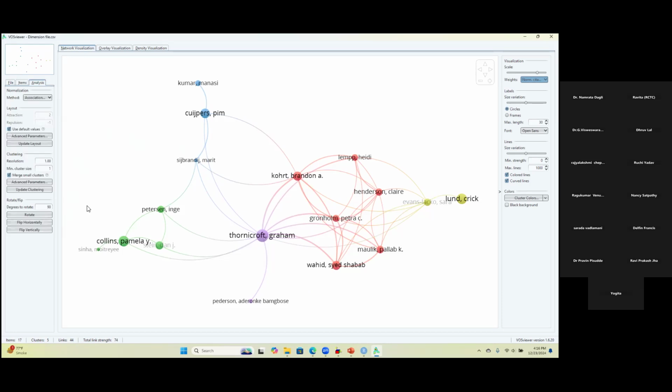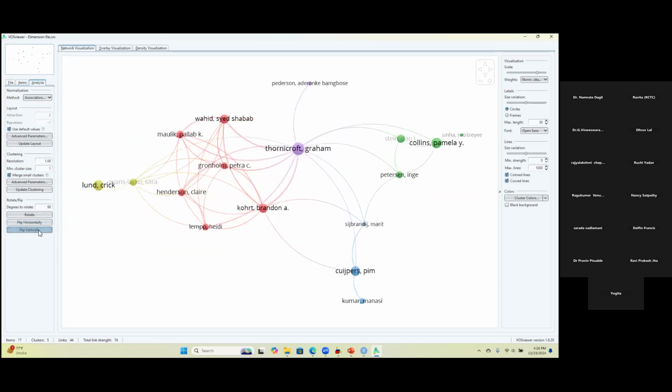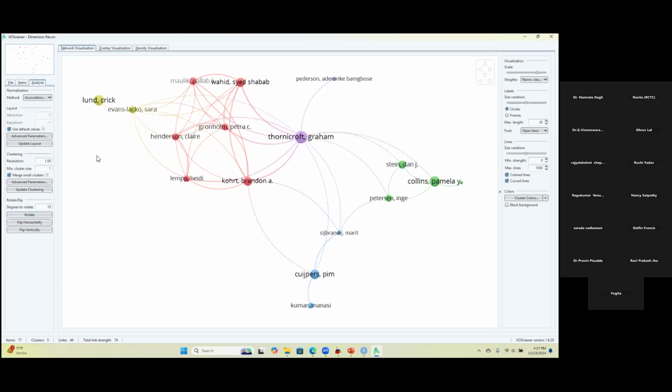If you want, you can also change the rotation. You can rotate this. You can flip horizontally, vertically so that more items are visible. You can change the degree to rotate, and check with which rotation you find most of the items.